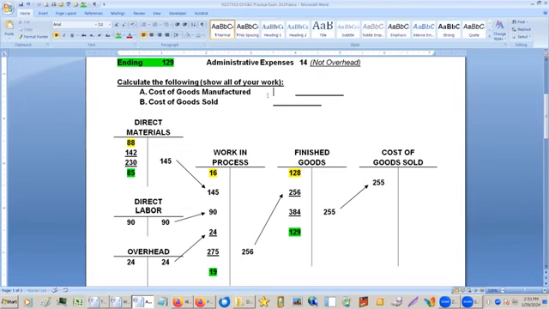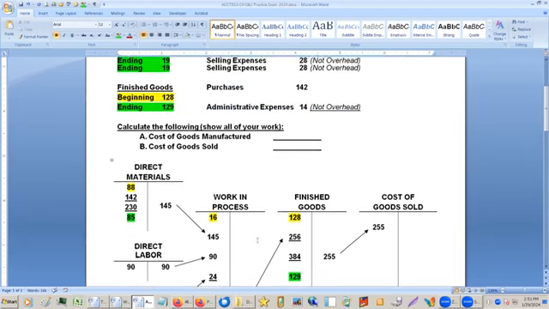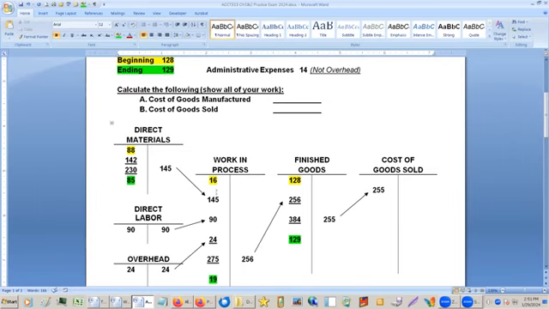Okay, cost of goods manufactured. This goes all the way back to last week. Whatever you finished, whatever goes out of work in process and goes into finished goods, this is what you manufactured.